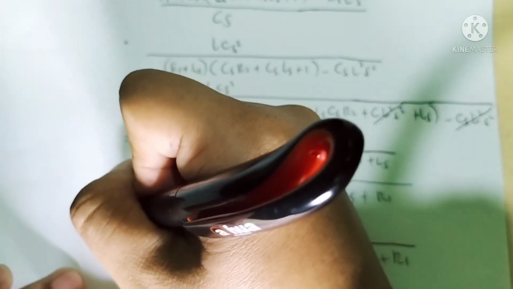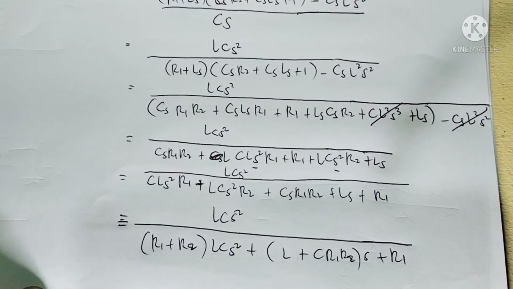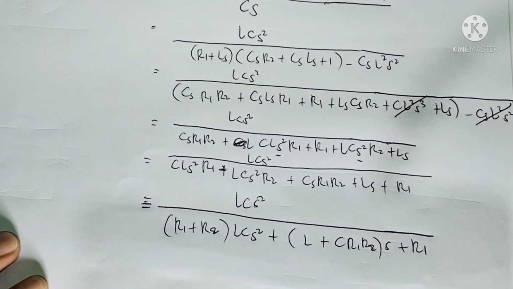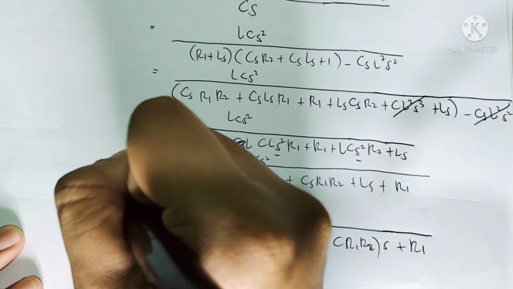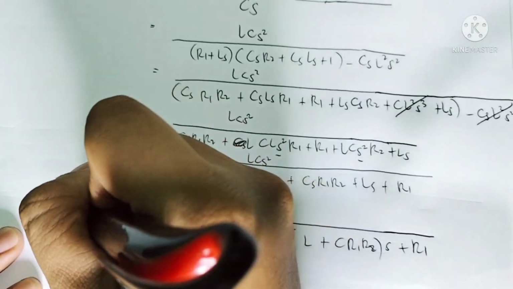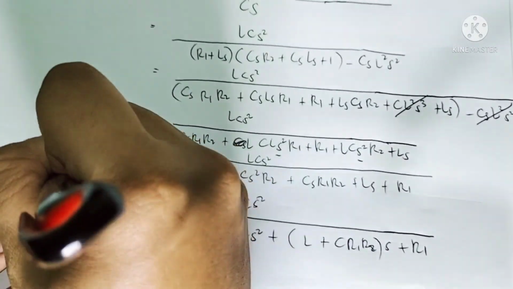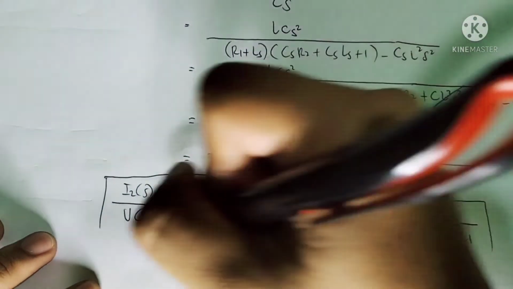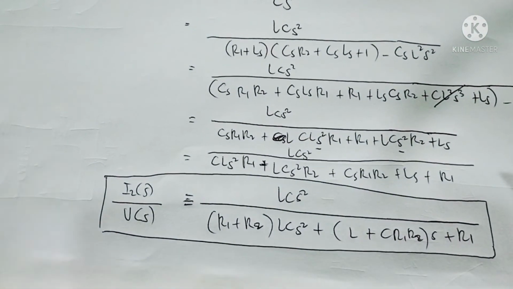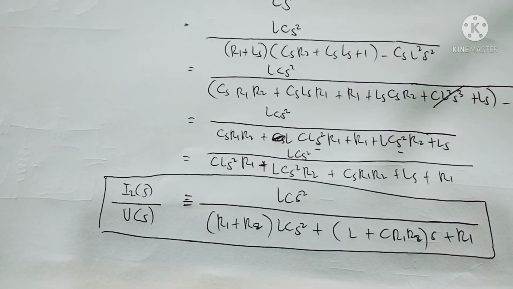So this is the transfer function of the circuit, I sub 2 of s as a function of V of s. So this is the transfer function.